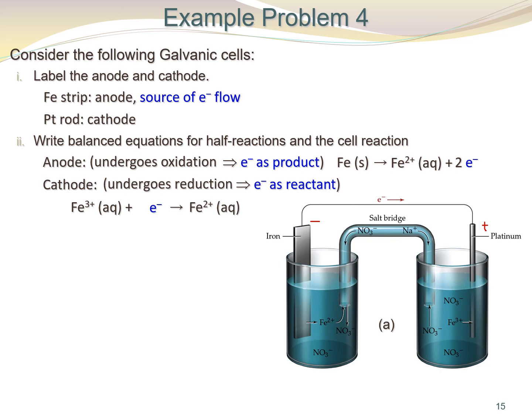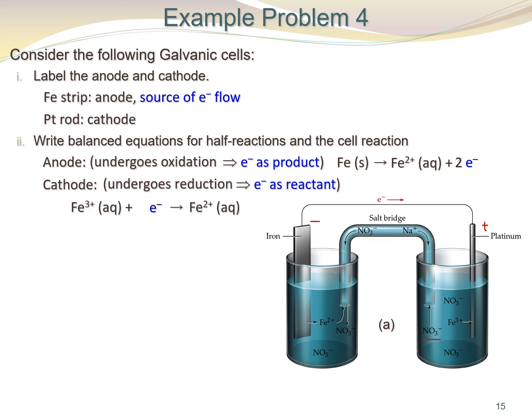But for iron 2+, we understand it is in aqueous solution, but we do not see iron 2+ anywhere in the solution. By the way, how do I know iron 2+ is in the solution? Because of nitrate.